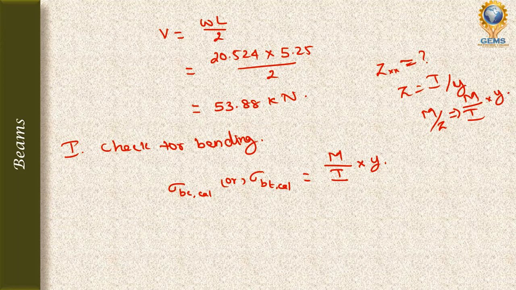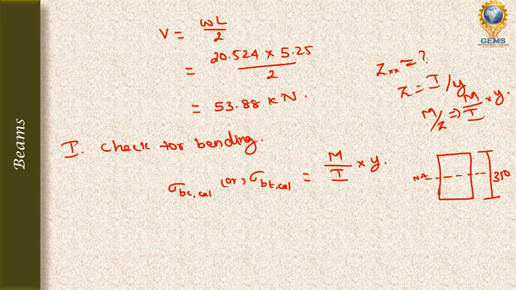Y is the distance from the neutral axis to where the compression and tension flanges are located. The beam depth is 350, and the neutral axis lies in the center, so Y is 350 divided by 2.